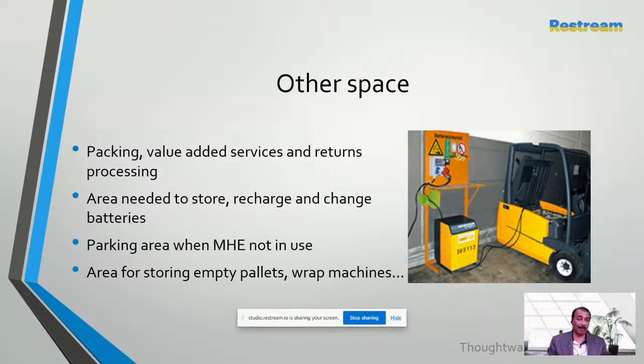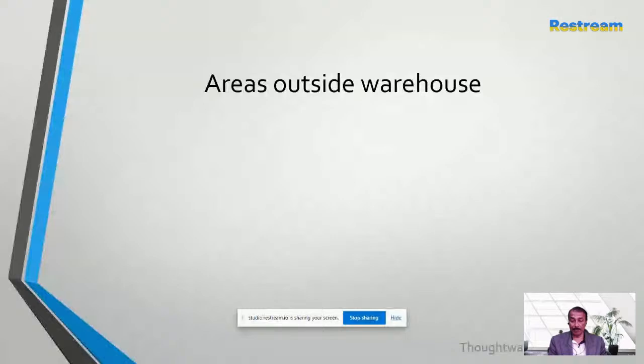The space is cramped, and it leads to a lot of safety issues. Possibly the management would have approved if you had highlighted these issues in the beginning, before the design of the layout. If you are not considering proper parking places or charging areas, then you may end up in problems. Possibly even for storing empty pallets or bins, you should have a proper space.